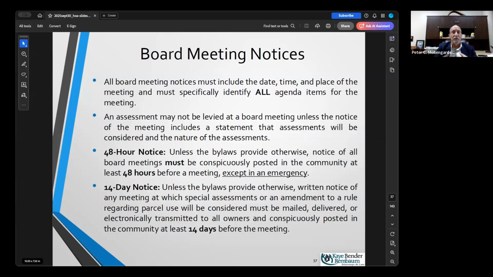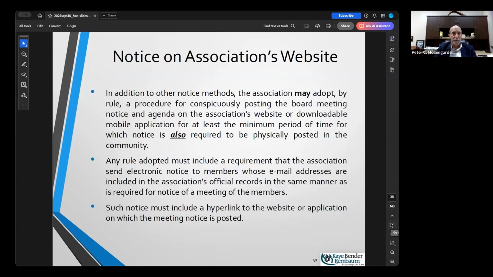In addition, if you're going to adopt a special assessment or an amendment to a rule regarding the use of a lot, that meeting must be pursuant to a 14-day notice, and that 14-day notice must be mailed, delivered, or electronically transmitted to all the owners, again, 14 days in advance, and conspicuously posted on the property in the community at least 14 days before the meeting. So those are your 14-day requirements.